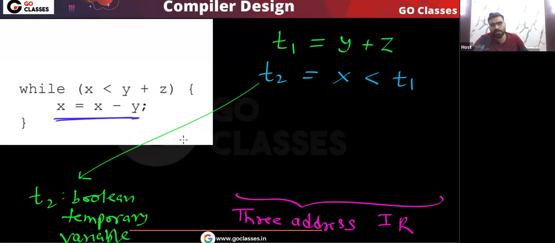Do you agree with me that if this T2 is true, then you will go to this line? Yes or no? Is this clear? Please tell me. So if this T2 is true, then what will you do?